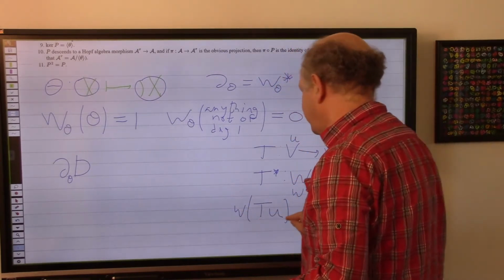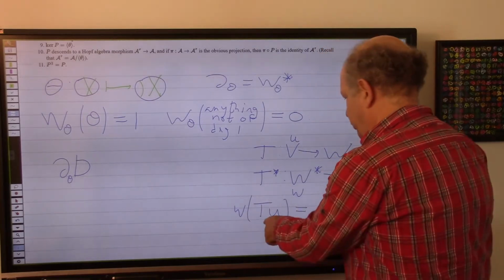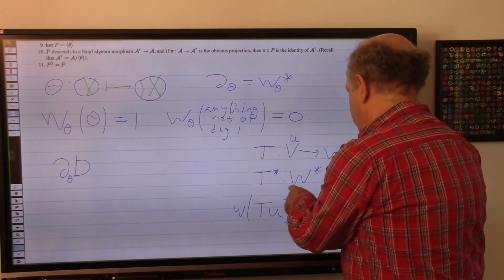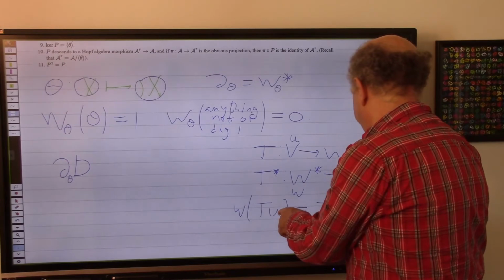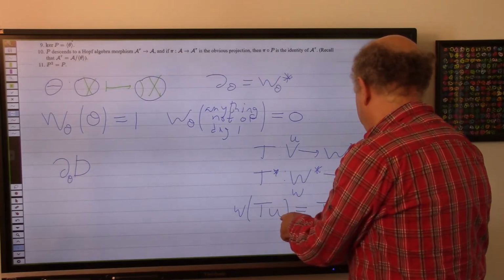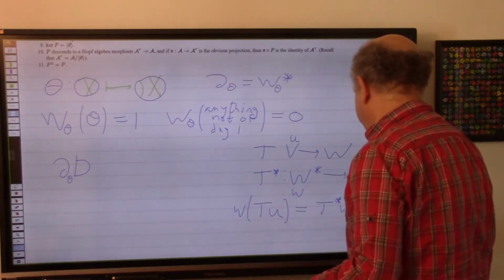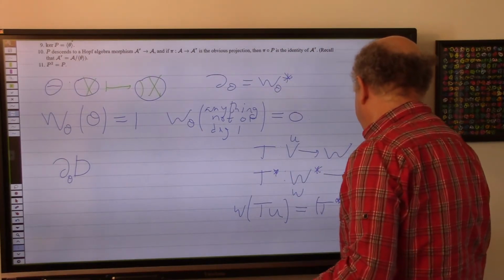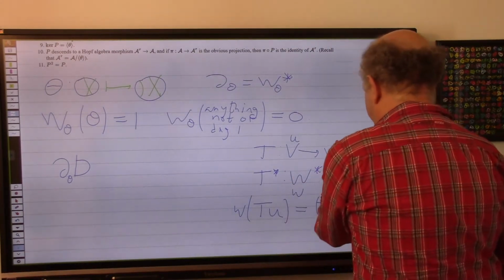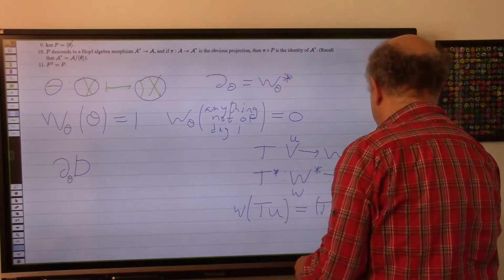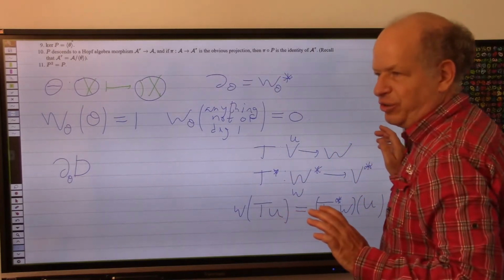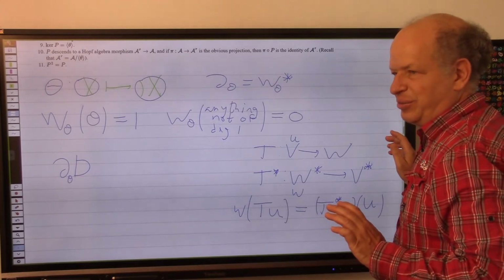So omega of Tu should be equal to T dual of omega, which is in V dual, evaluated on u. That's the definition of the adjoint, right?